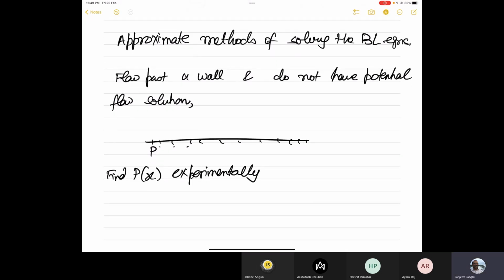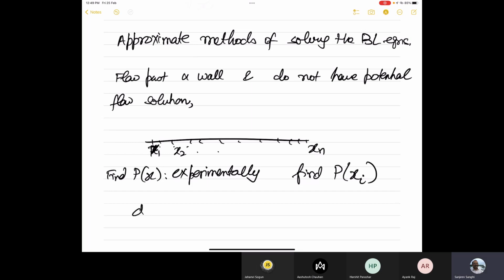So at different x locations, x1, x2, xn, measure P at these locations. Experimentally, we find P of xi.